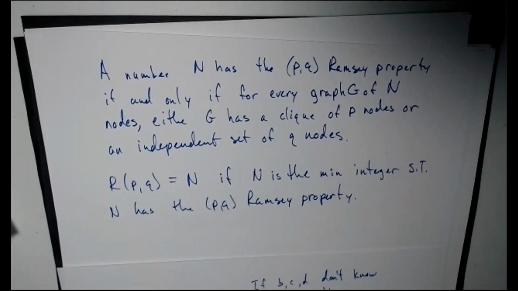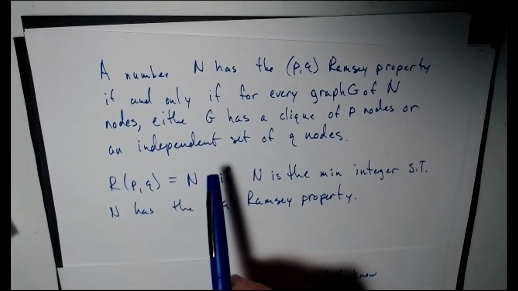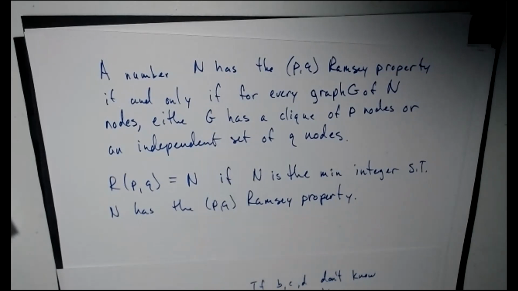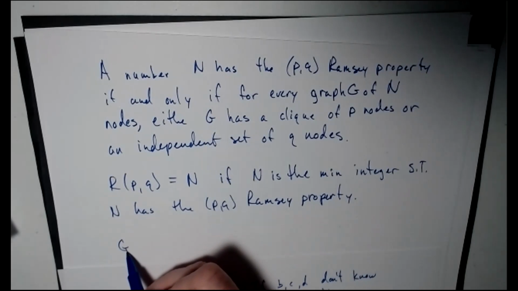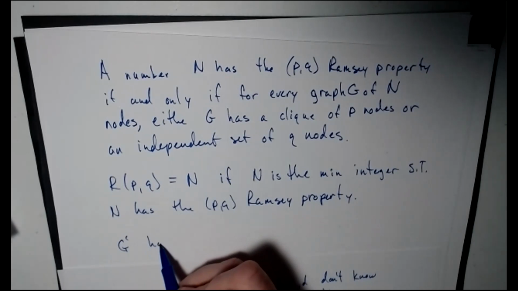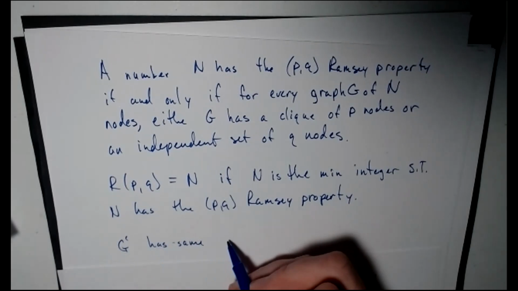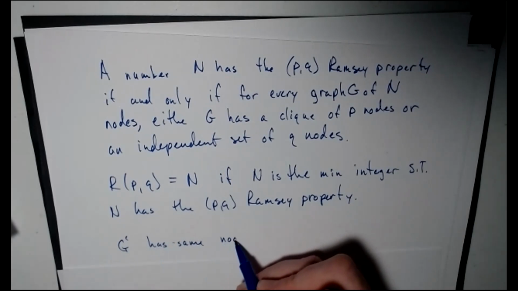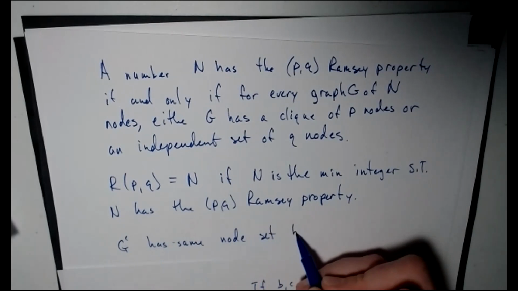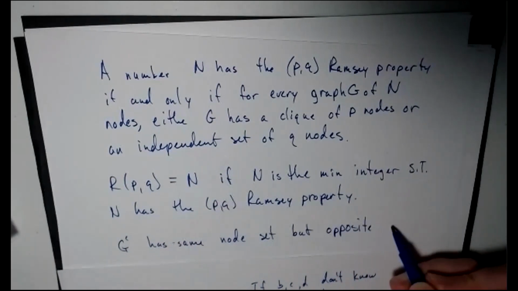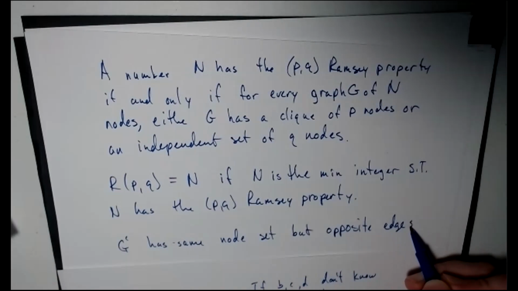So one of the other nice ways to look at this is to look at G complement, where G complement has the same node set, but the opposite, colloquially speaking, edge set.